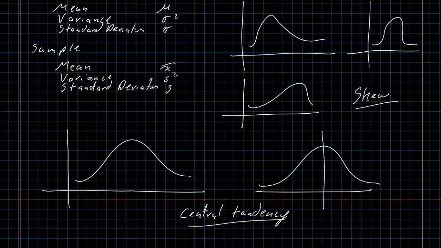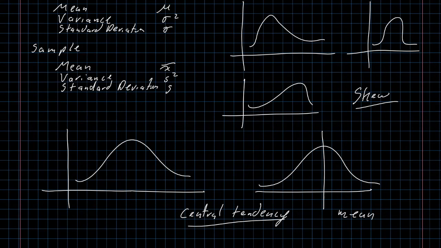That's something we can describe using the central tendency. The mean, in this case, for this particular shape of a distribution would be nice. Other shapes of distributions, the median, the mode, the mid-range might be more valuable.